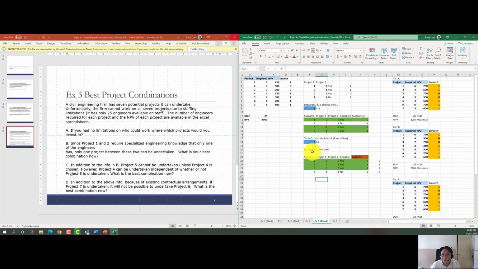Okay, so with that, all we have to do is go to solver, and say that it has to be... So what happens is that if you choose 7, you can't do 6.